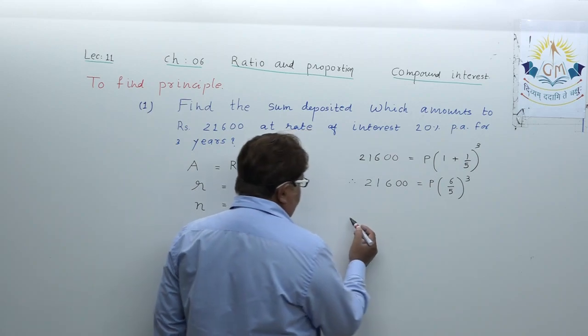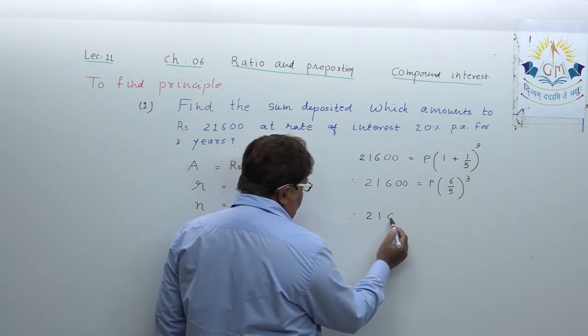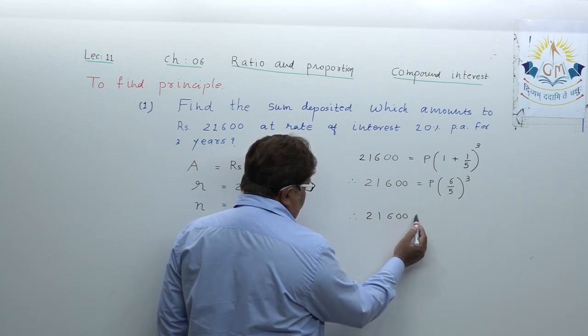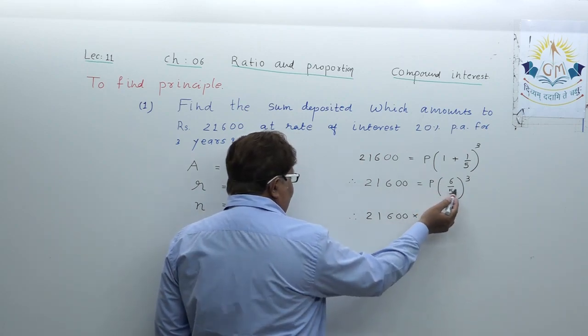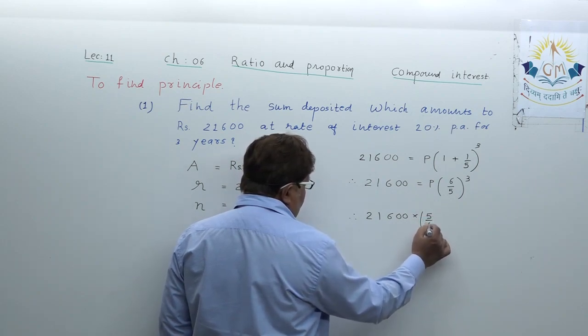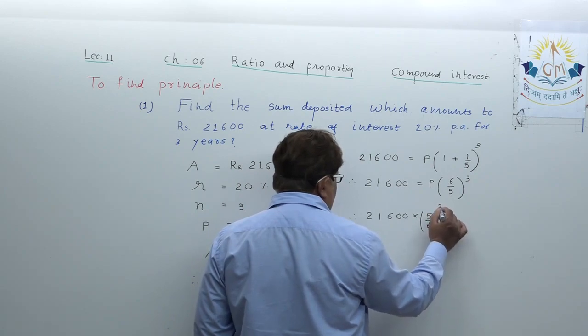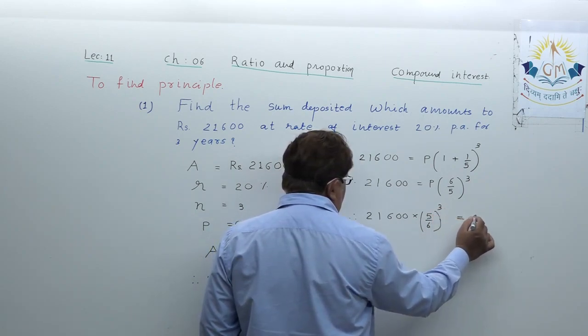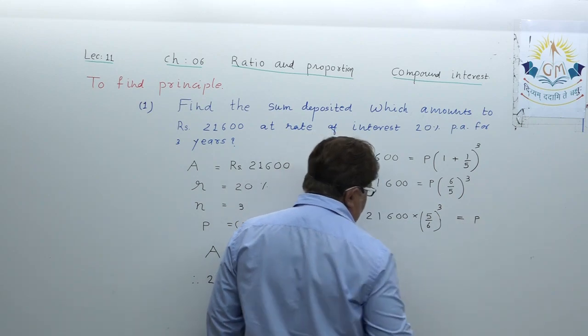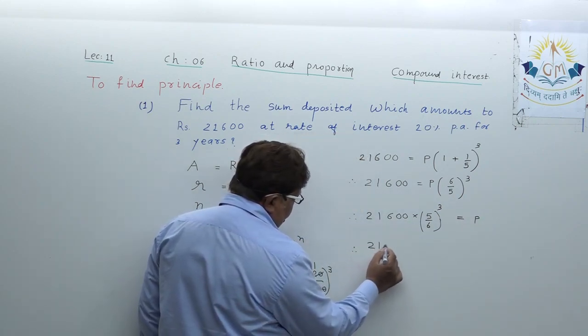So let me write 216,000 multiplied by, I will reciprocalize this, 5 upon 6 raised to 3 equals to P. Is it clear?